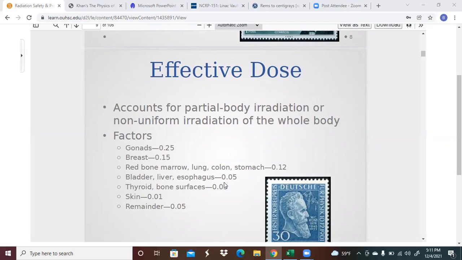So the effective dose is going to account for partial body irradiation or non-uniform irradiation of the whole body. So you can see the different types of factors here. This is more of a weighting.